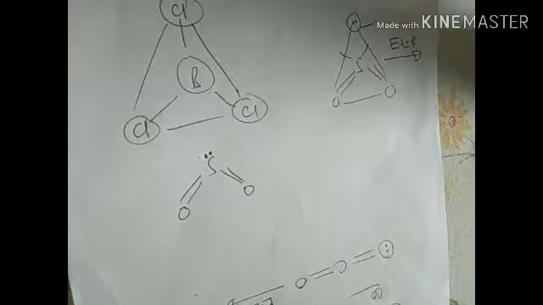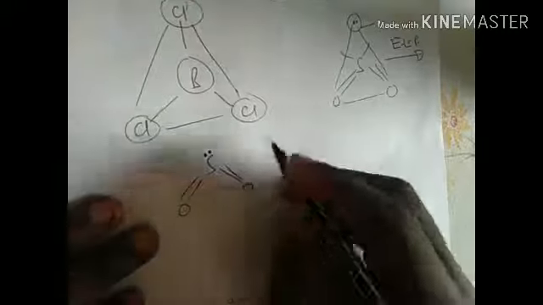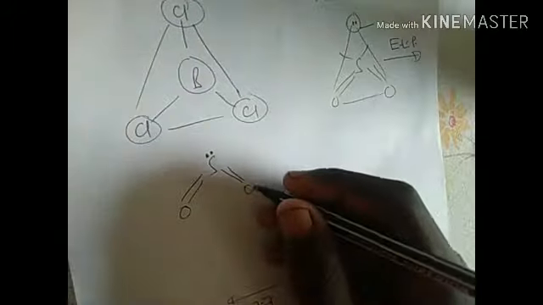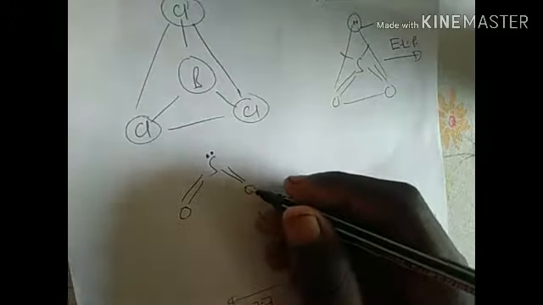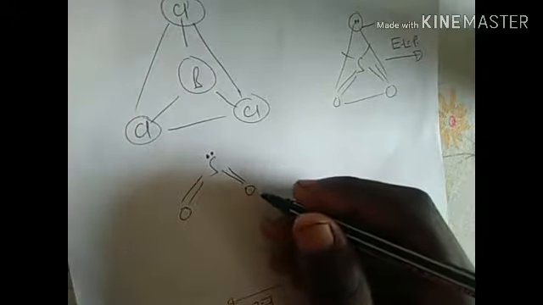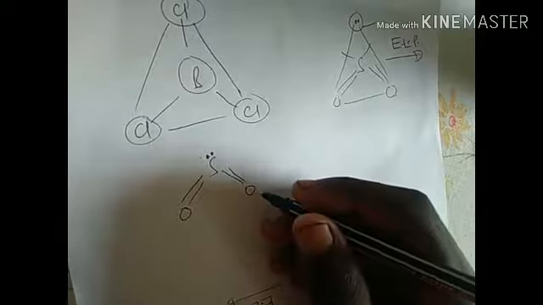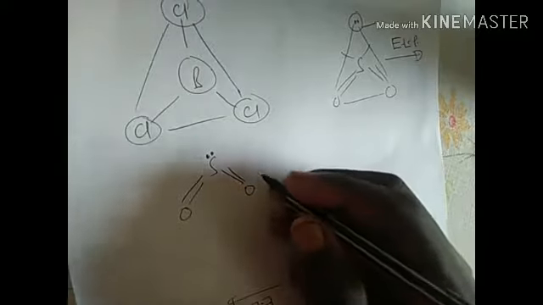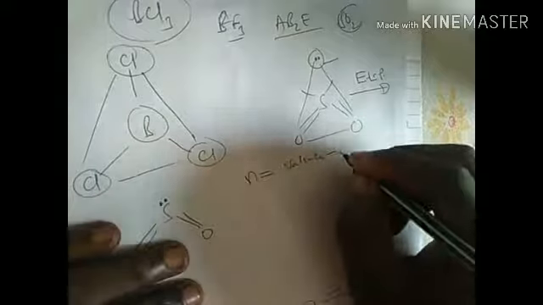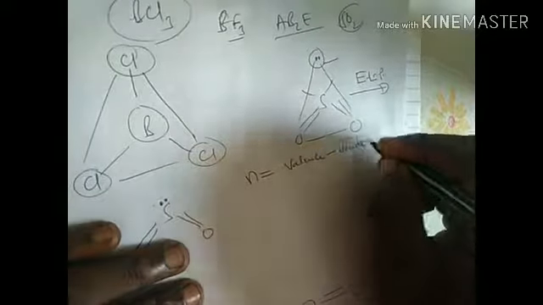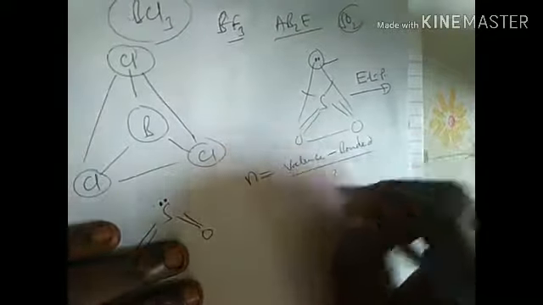And do not confuse, kwa sababu kule mwanzoni nilikwambia group 6 elements lazima ziwe zina two lone pairs. Lakini hapa usi-confuse kwa sababu one of the lone pairs imetumika kwenye bond formation. Kwa sababu number of lone pairs ni number of valence electrons minus number of bonded electrons, divided by 2.